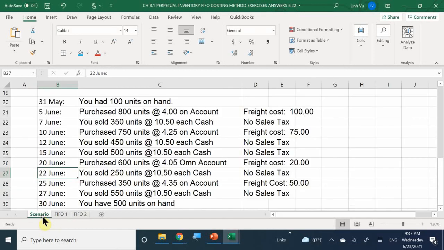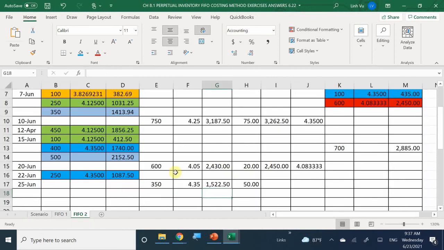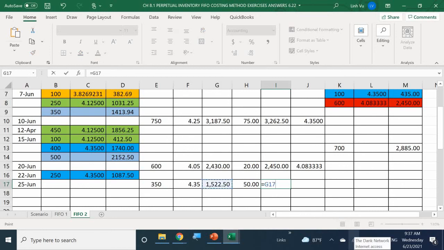Let me double check real quick. It's 350. Good. Okay. So 1522.50 plus $50 to bring my total cost to be 1572.50. Good.